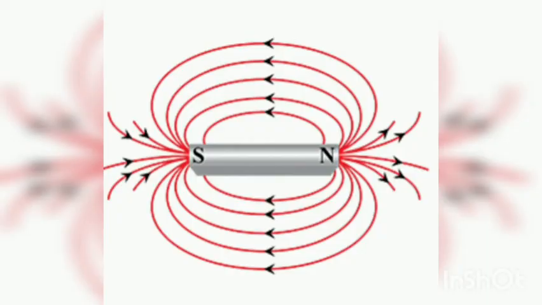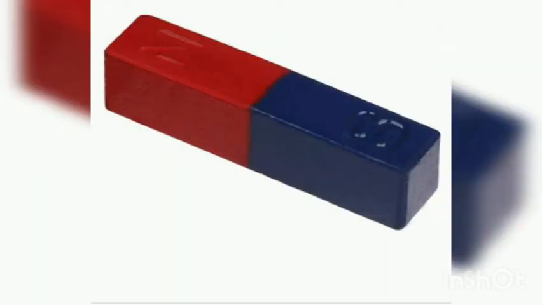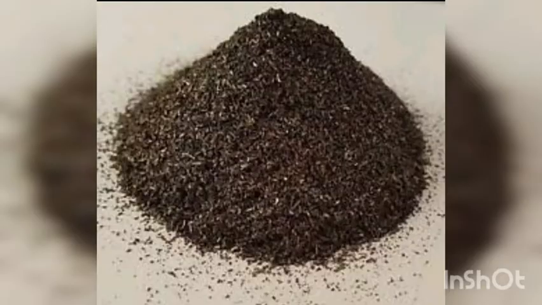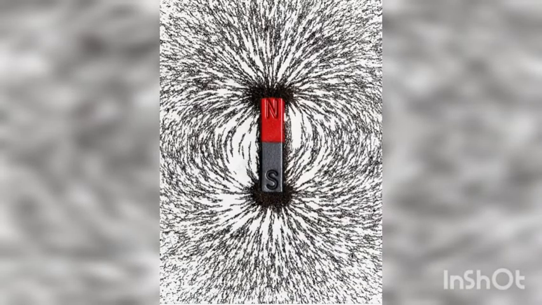Let's do an activity to show the existence of a magnetic field around a magnet. The materials required are a bar magnet, a cardboard sheet, and iron filings. Take a bar magnet and place it on a cardboard sheet. Then sprinkle some iron filings around the bar magnet.